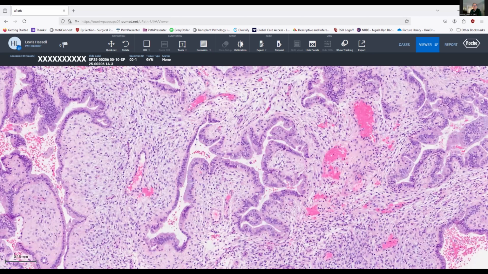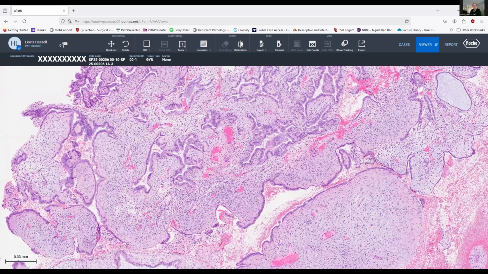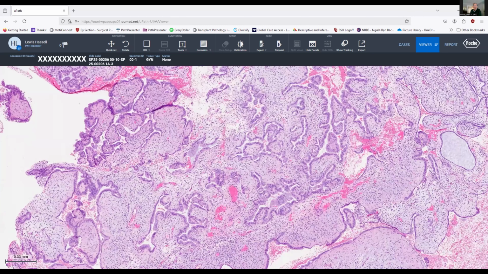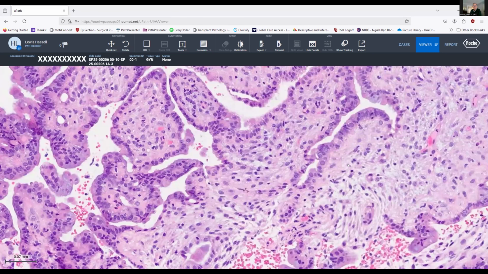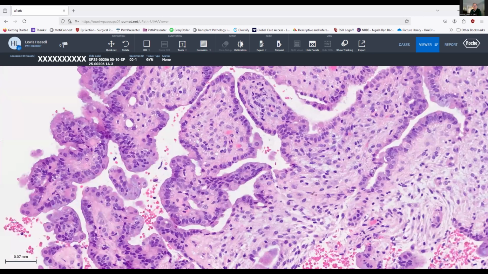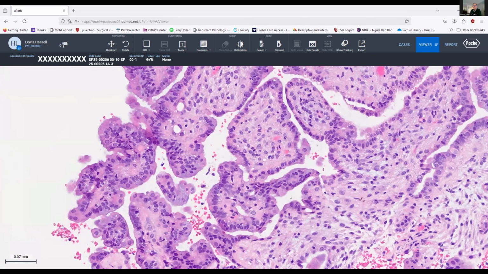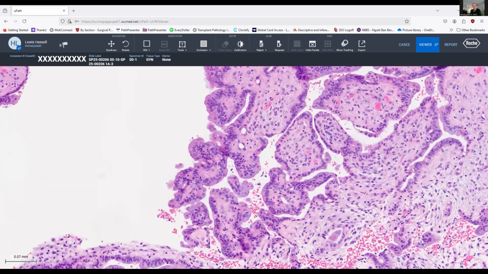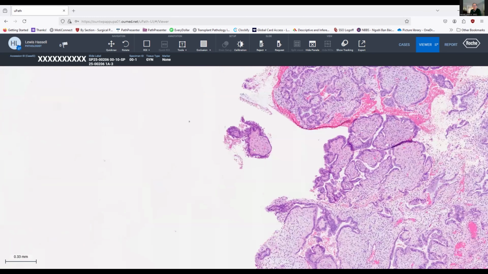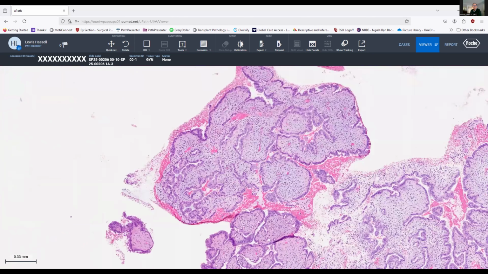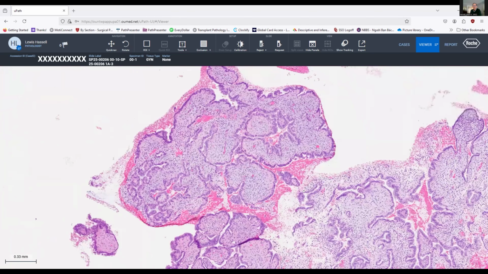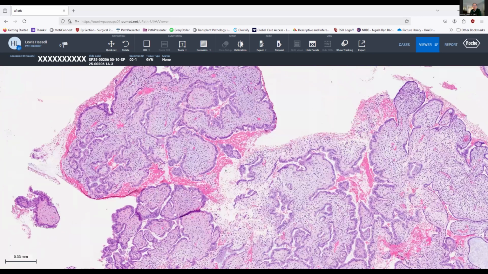But in this setting, where a patient has had a prior diagnosis, in a non-progestationally impacted endometrium, of an endometrial intraepithelial neoplasia, these findings are diagnostic of residual intraepithelial neoplasia and should be rendered as such in your report, because this patient, once that progestational effect is stopped, is at risk for developing further progression or at least a recurrence of the endometrial intraepithelial neoplasia.